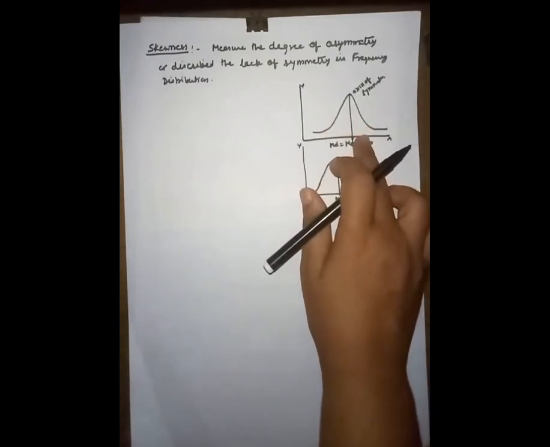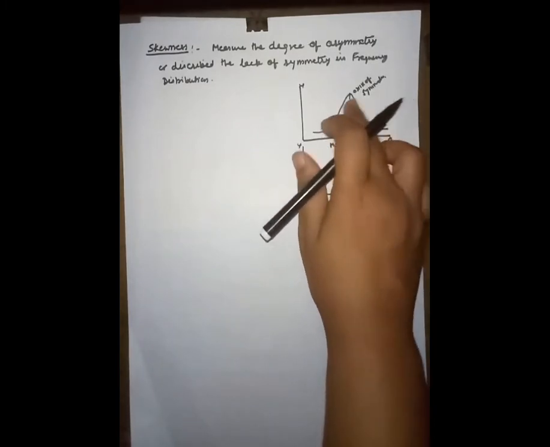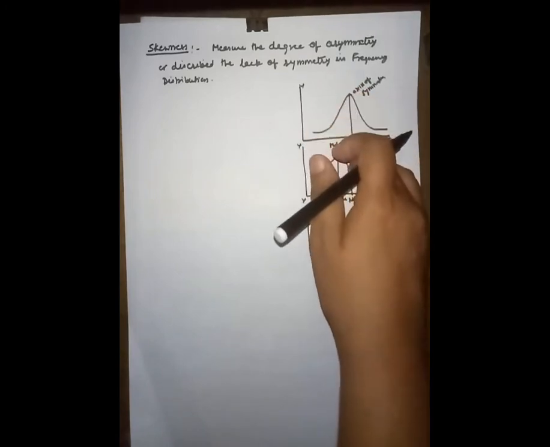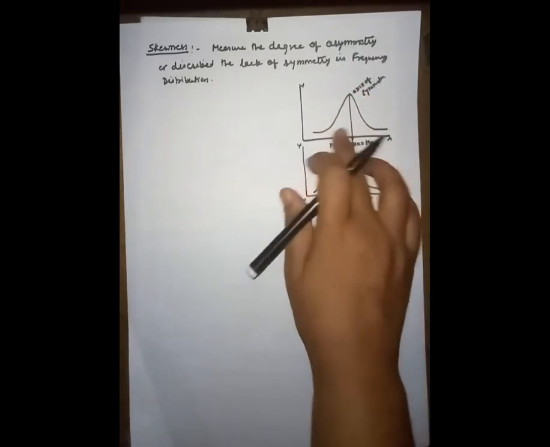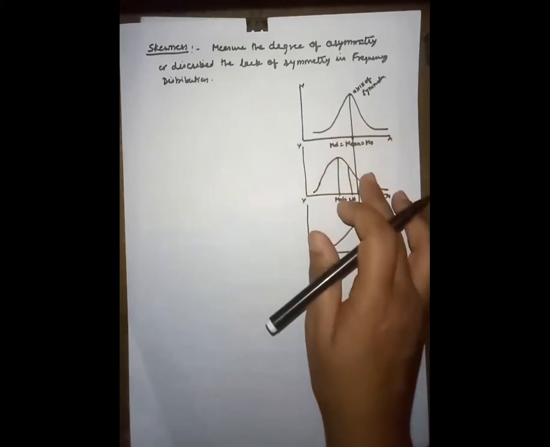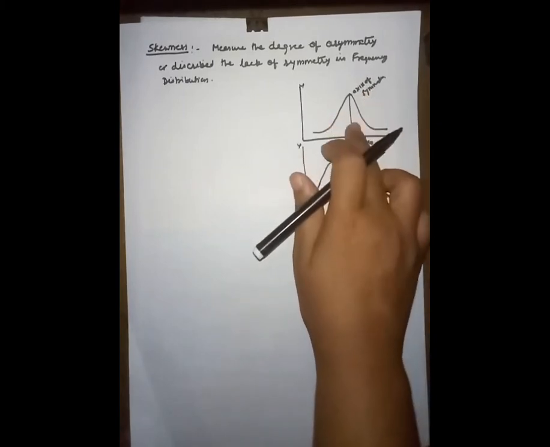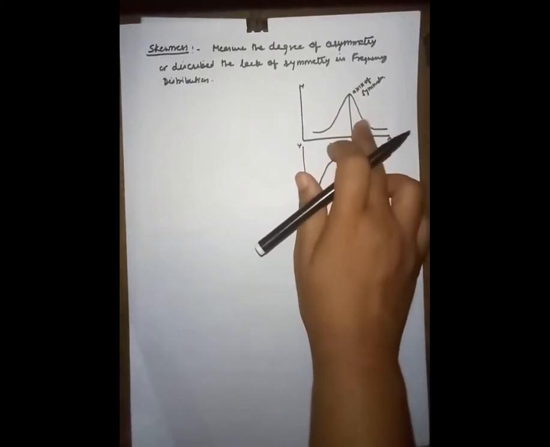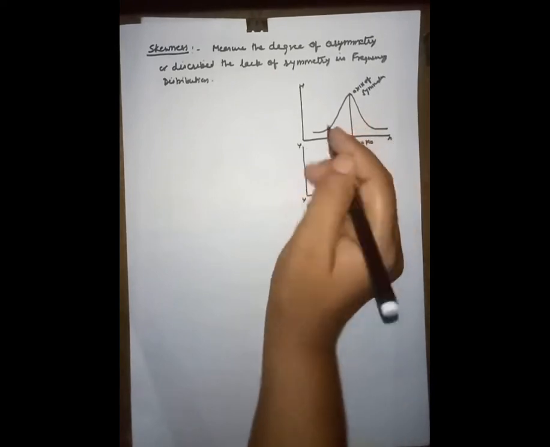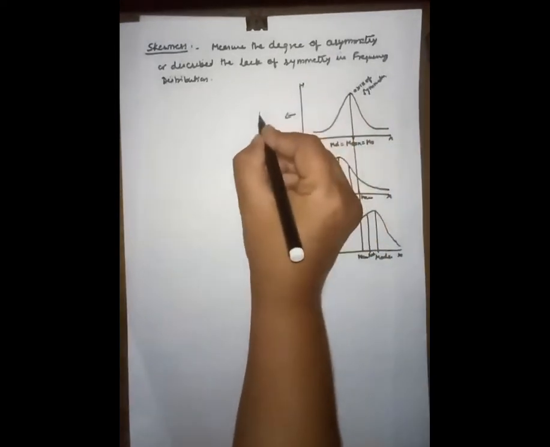So if you draw the axis of symmetry, you have both sides identical halves, right? So we say here the frequency distribution is symmetric.